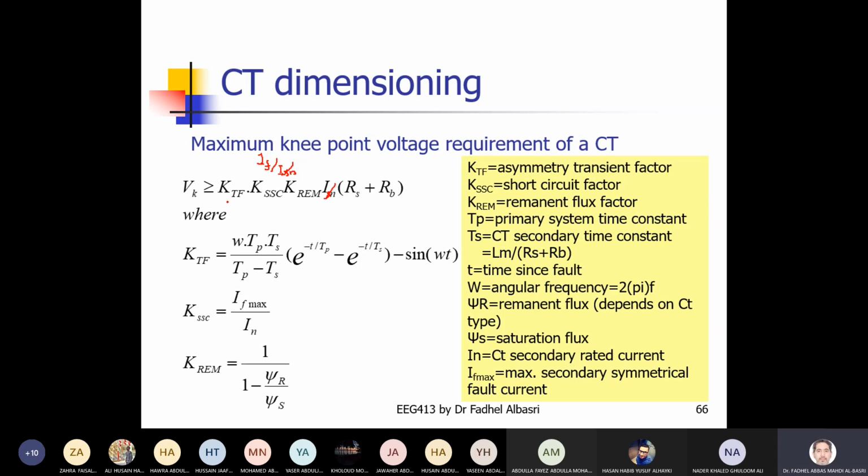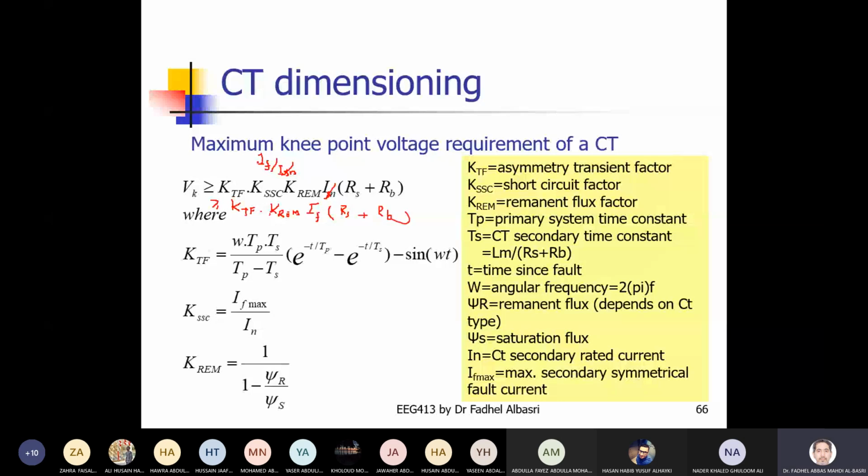So I can rewrite this as greater or equal than K transient factor times K remnant times the I fault maximum, which is I secondary now, times RS plus R burden.